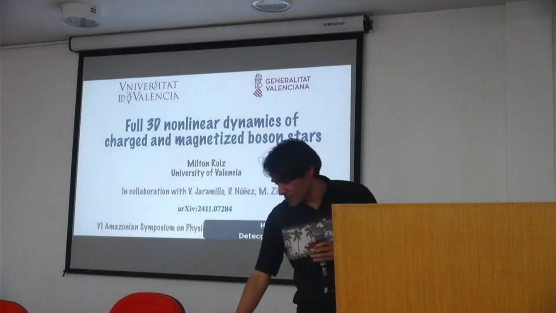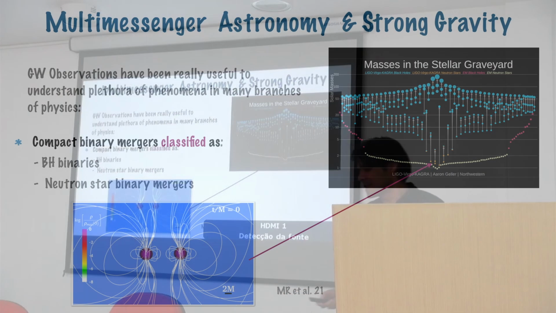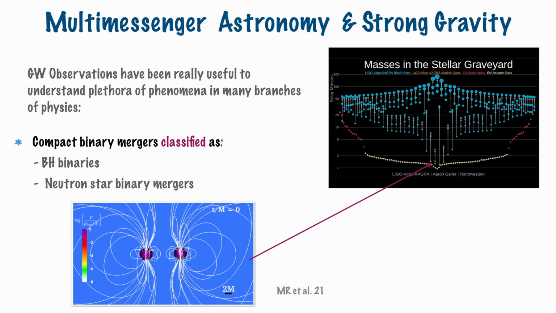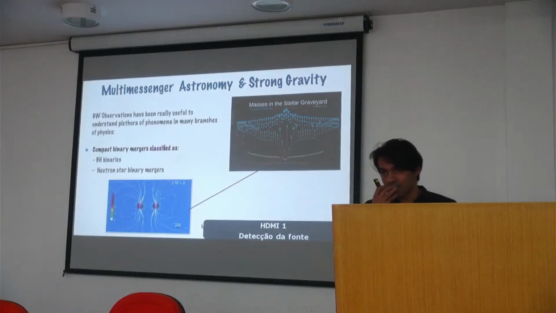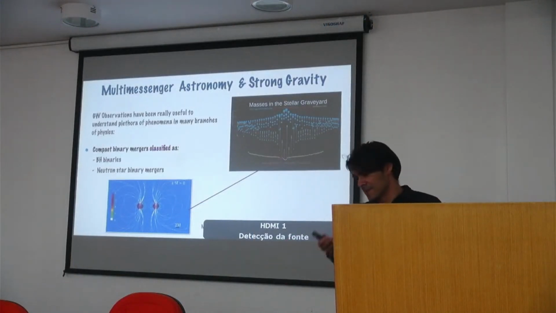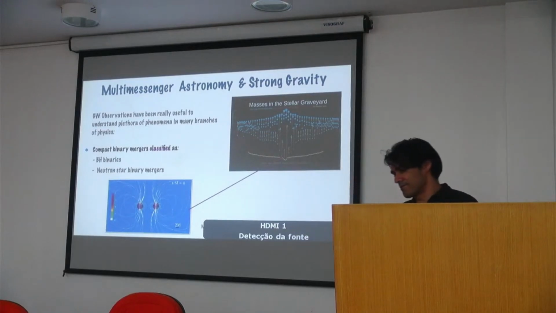Before I continue to talk about boson stars, let me start with a really hot topic right now: multi-messenger astronomy and strong gravity. As you know, back in the early 2000s or so, we observed black holes using electromagnetic radiation.